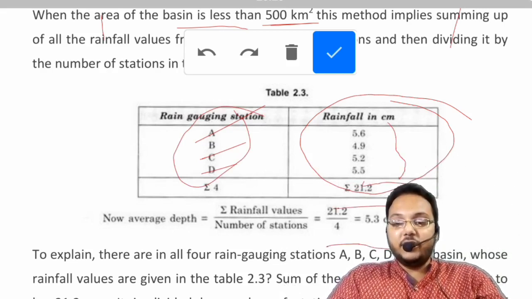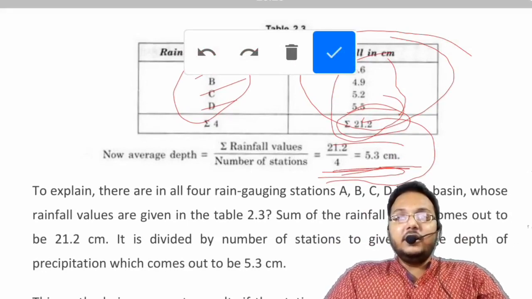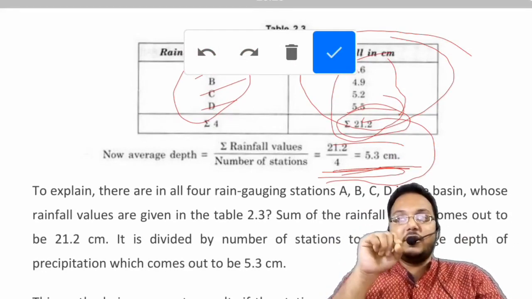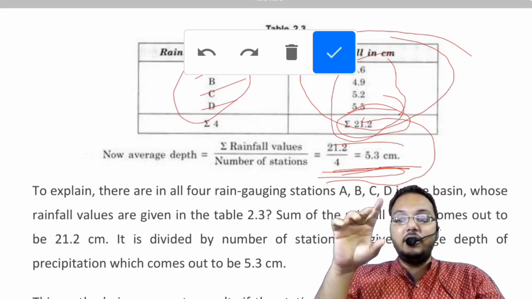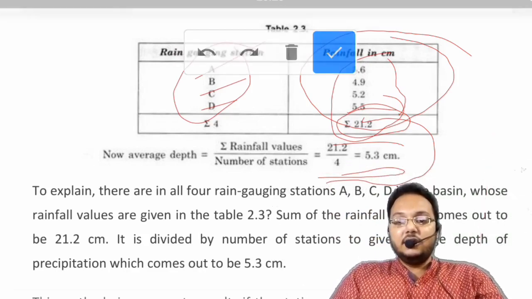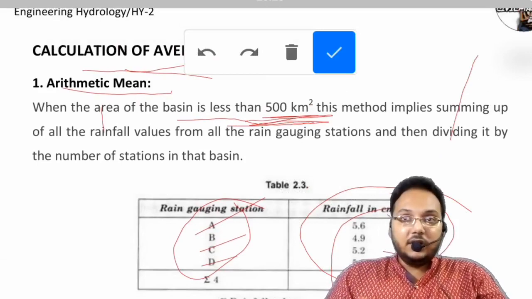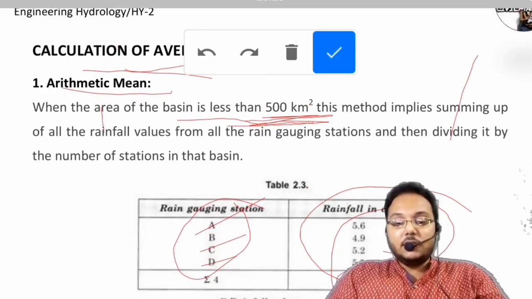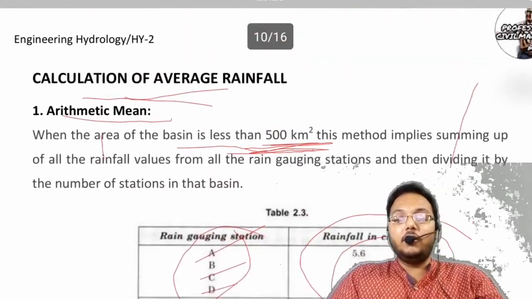Here we have the total 21.2, and the average will be 21.2 divided by 4, and that is equal to 5.3 centimeter. So it's just a simple way of getting the average of all the rain gauge stations which we have in that particular area, provided that the catchment area shall be less than 500 km square. So this was all about the arithmetic mean method of calculation of average rainfall.